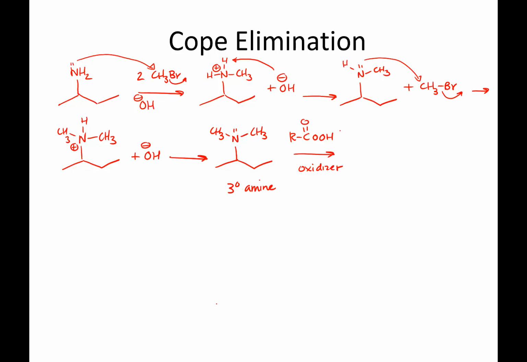But what we're going to do is oxidize that amine. So we're going to form the nitrogen with two methyl groups on it, and it's now going to add an O- to that.